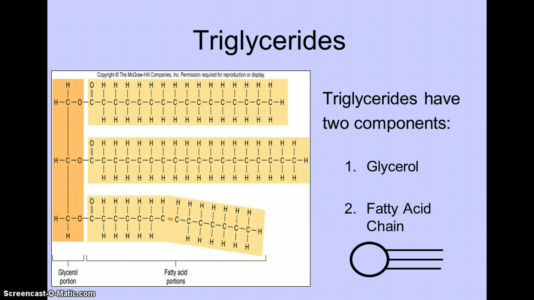As you look a little closer at the structure of the tails coming off of the glycerol head in the triglyceride pictured here, you'll notice that two of them are perfectly straight and the bottom one is bent. There is a reason for this, and it has to do with the carbon-carbon double bond in that third tail. Carbon is able to make 4 connections with other atoms all at the same time.